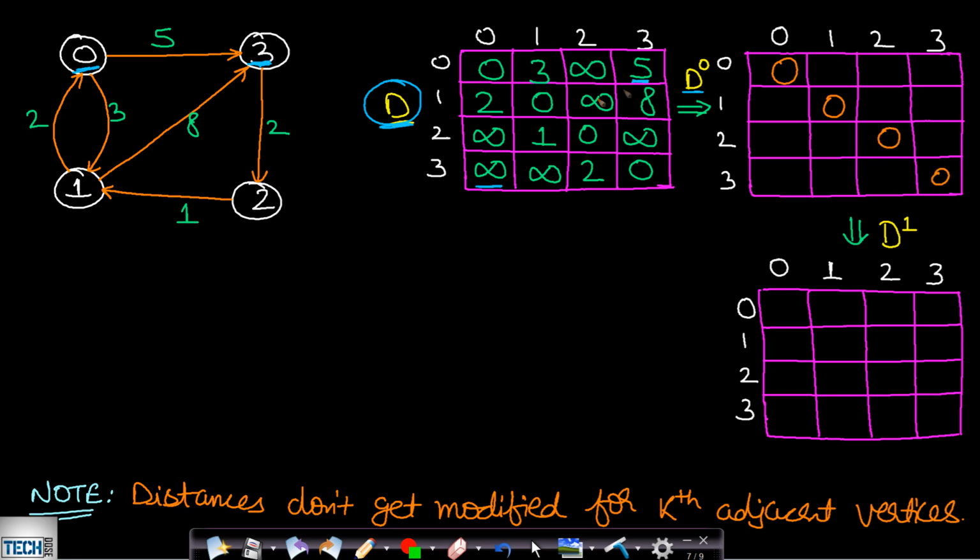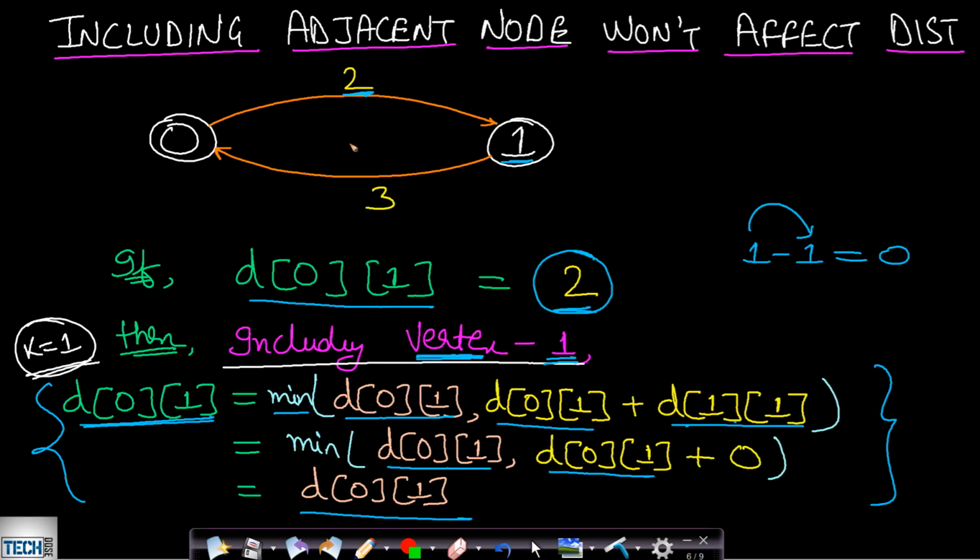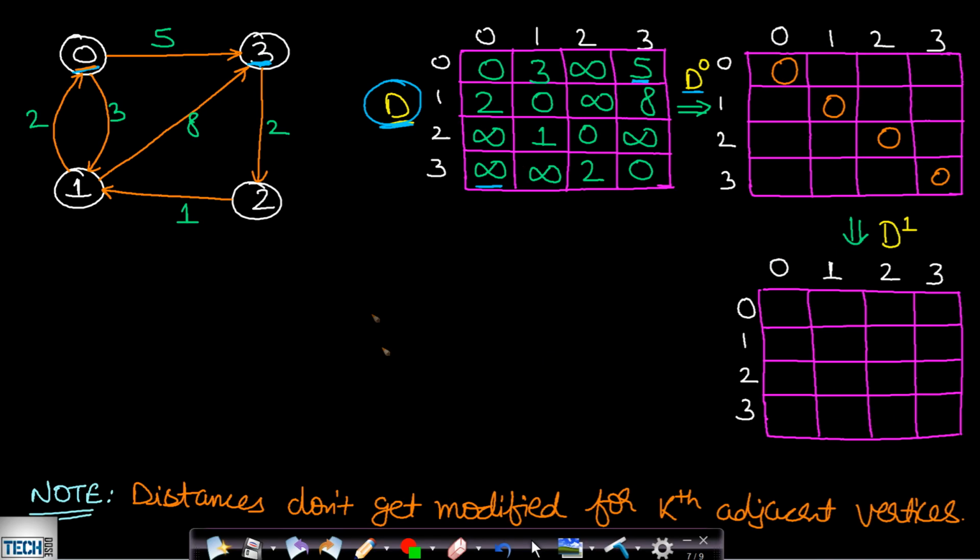Now since we are including vertex 0, according to the previous algorithm which I had explained, including an adjacent node won't affect the distance. So whatever is adjacent to 0, all those values will remain the same from the previous state. So we will simply copy this 3, infinity, 5, and this 2, infinity, and this infinity.